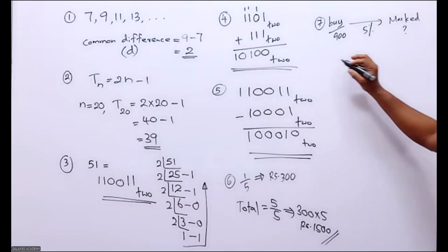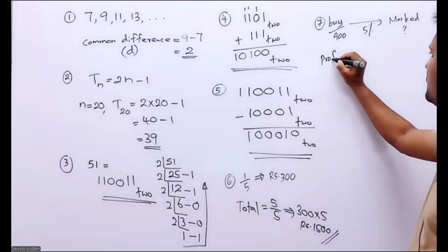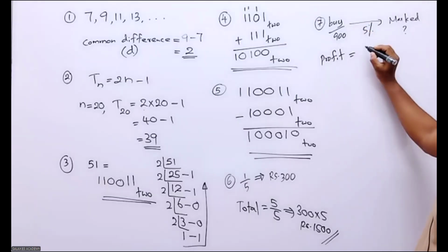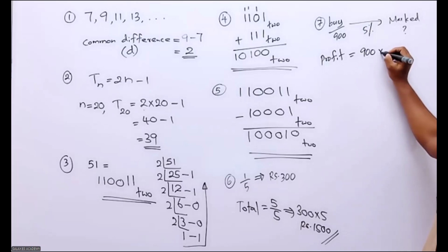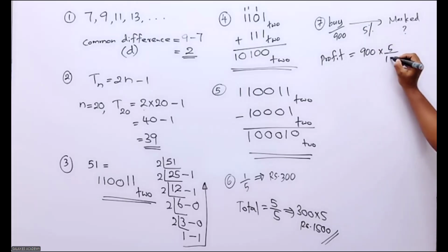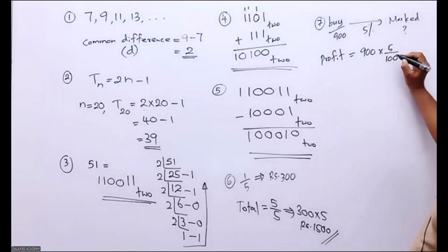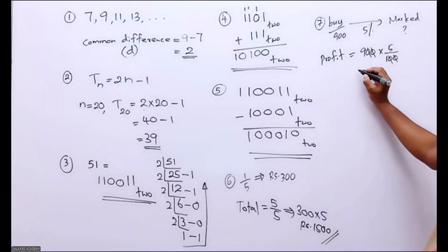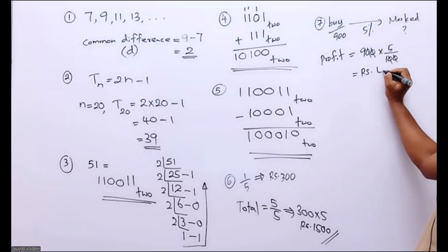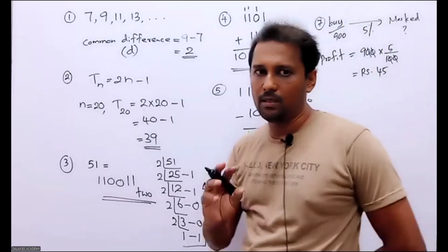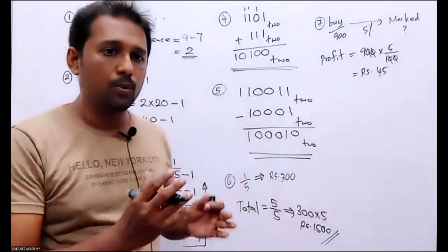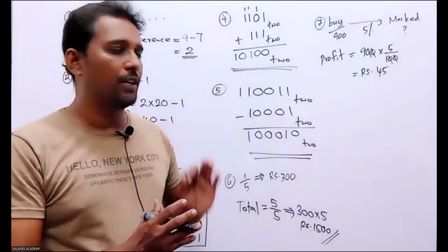Right. First, we can find the profit. The buying price is 900. The profit percentage is 5%. So what is the profit? You have to multiply 900 by 5%. Then you can simplify by removing these 2 zeros. Then the answer is 45 rupees. So the profit he hoped to make is 45 rupees.